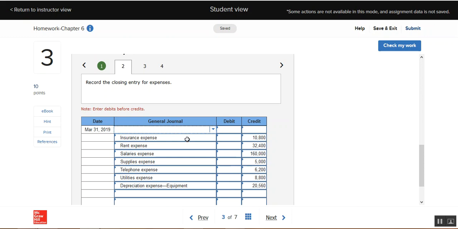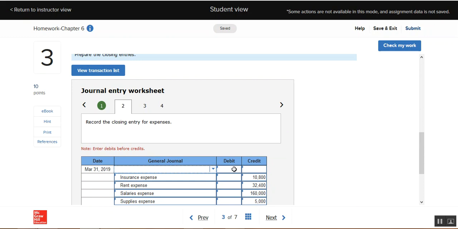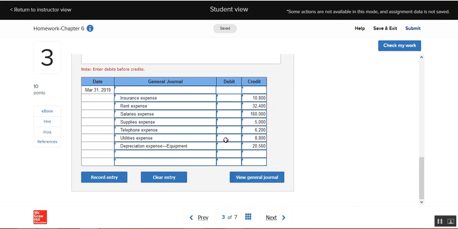All right, so once you get all your expenses in, that's what that should look like. You're going to add all of these together, and that's going to be the amount of the debit. So let's see what that adds up to be. All right, looks like $243,760.